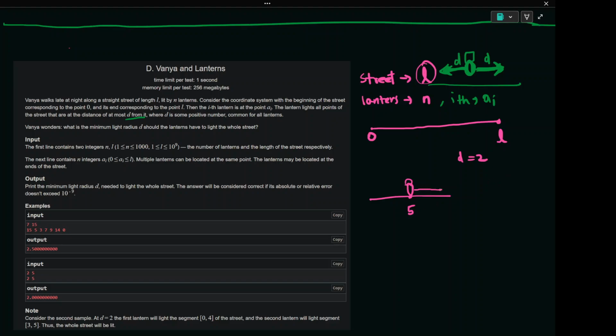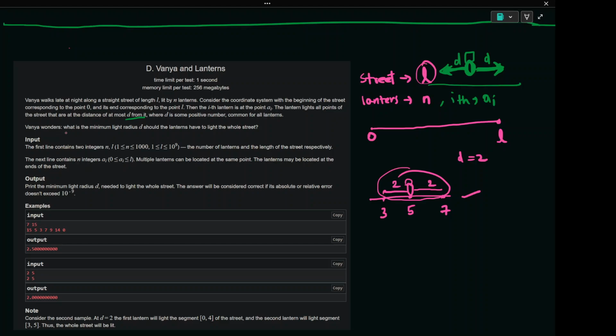So it can light up to 7 over here, and then it can light up to 3 over here. So that is d, right? 2, 2. So one lantern can light up to the left side the distance d, and the right side till the distance d. Correct? That is the lantern's property.